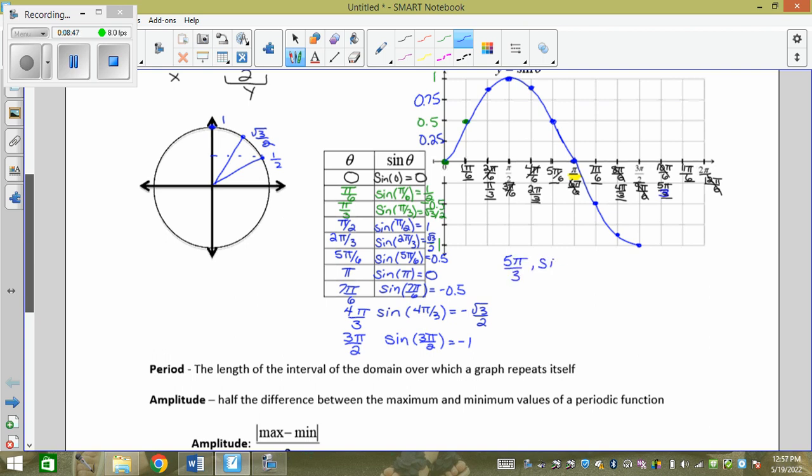And then it's sine 5 pi over 3, which equals negative √3 over 2. Then I get 11 pi over 6, which is sine 11 pi over 6, which is negative 0.5. And then this one goes back to 0. Now that's one unit circle.